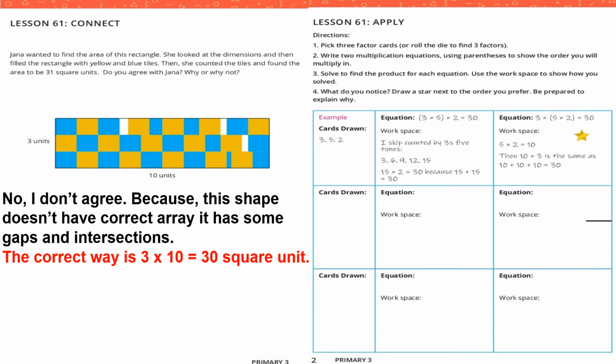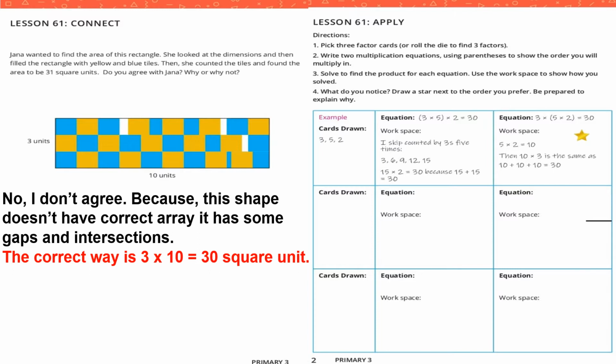We know that on the long side we have 10 units, and on the short side we have 3 units. How to find the area without counting? We can multiply rows by columns, or the long side, which is length, by width.